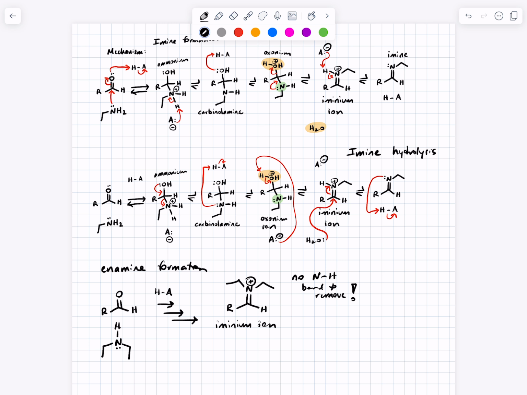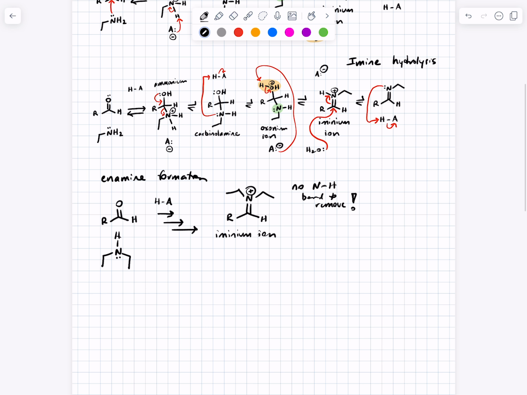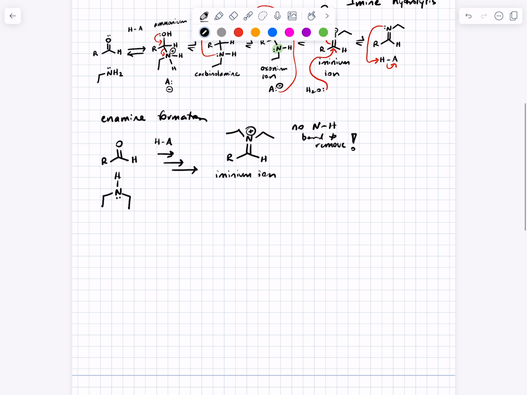What happens next requires us to have actually drawn what that R group is. So let's just for fun suppose that the R group is CH3. So I'll redraw this molecule with the CH3 on there.